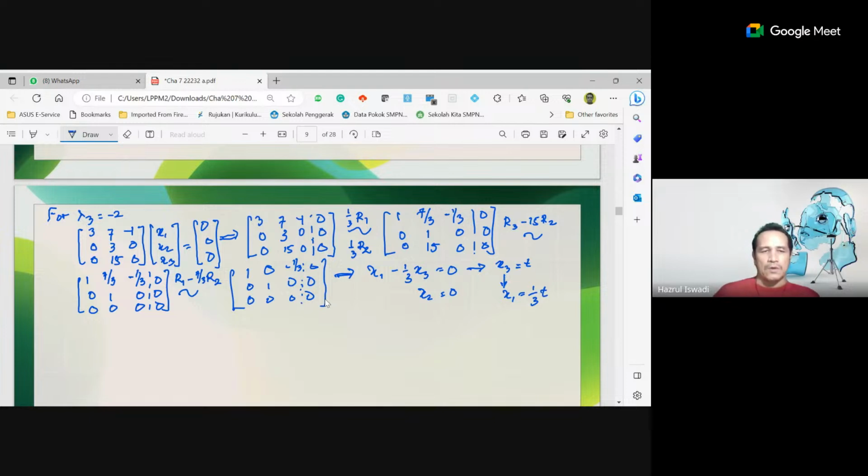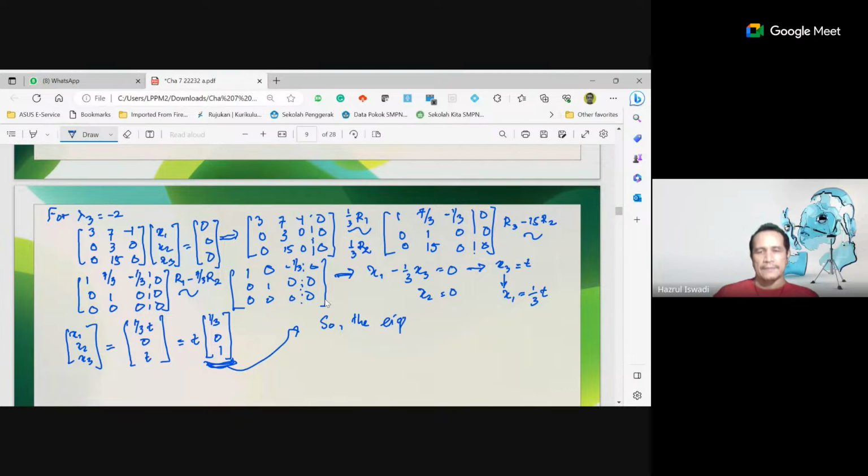Let's make it in order again: x1, x2, and x3. From our result, x1 is 1 over 3 t, x2 is 0, x3 is t. Extracting t from the factors, we have 1 over 3, 0, and 1. Again, this is our eigenvector.